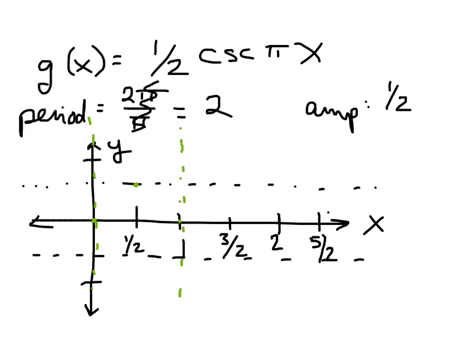At 3 halves, you would have hit down here for a sine curve. Do I make a vertical line there? No. Then I would have hit back here at the end of the period. Do I make a vertical asymptote when it hits the midline? Yes. Anytime it hits the midline, I make a vertical line.